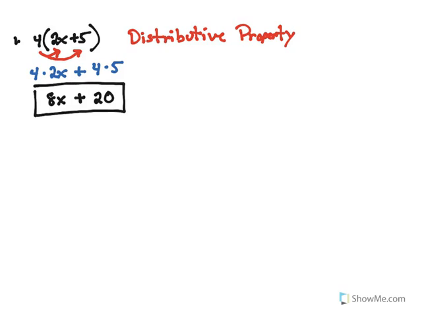And just as a little footnote, these are unlike terms. One has an x variable, one's just a number or a constant. All right, so let's do another one.